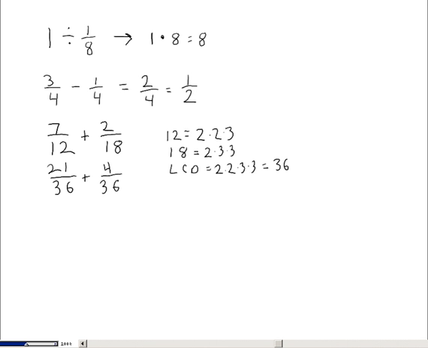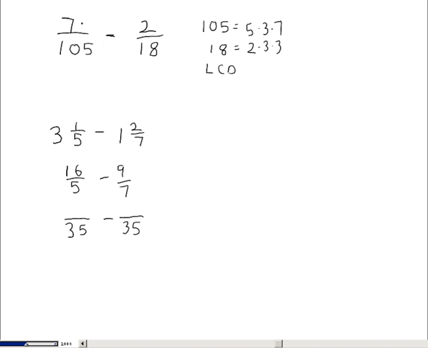And then at this point, it's just a matter of adding up these numbers. I get 21 plus 4 is 25. And the denominator is 36. So I get 25/36. And see if that would reduce, but that does not reduce, so that would be the answer to that problem, 25/36.